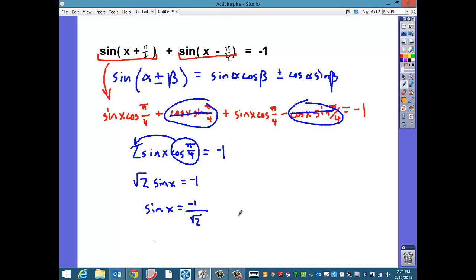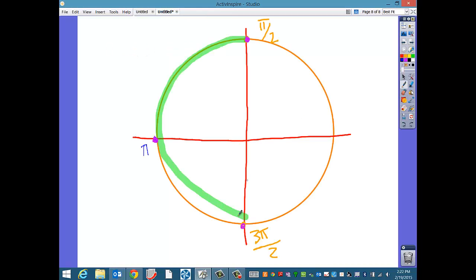And now it's really going to help to rationalize the denominator. If you guys remember what that is, it's really going to help to do this because look what happens. That's something I can deal with. I know where that happens. We have a sine of -√2/2 in two places. That is, what is that? 5 pi over 4.